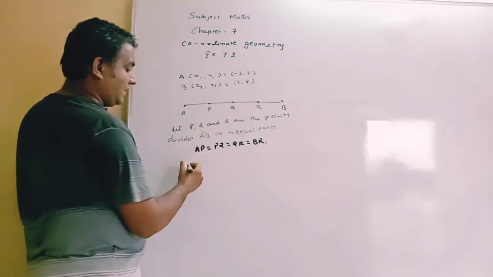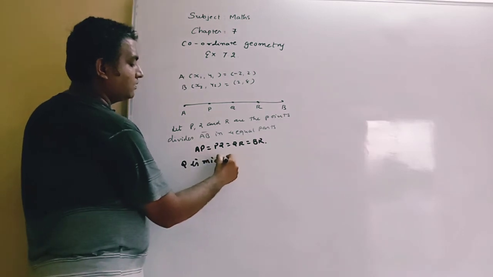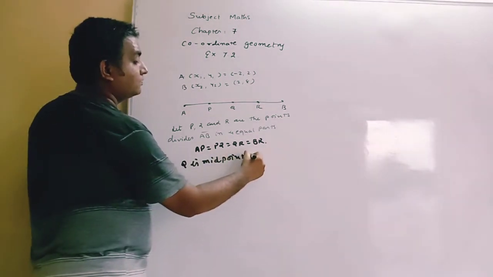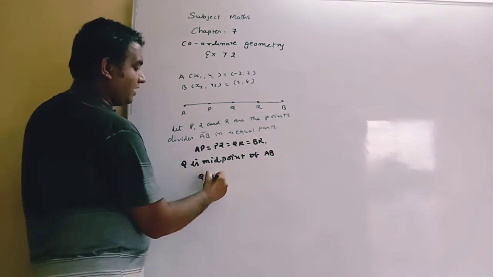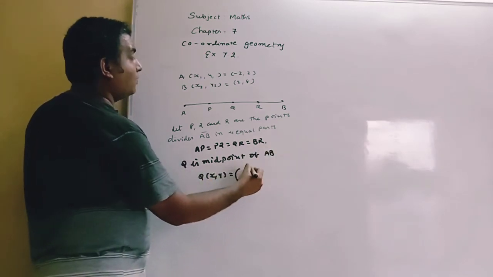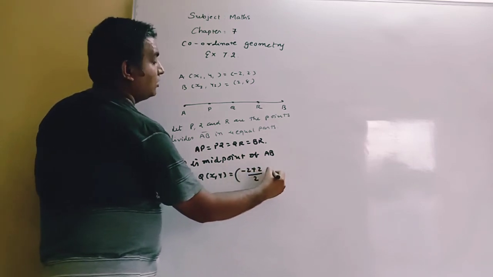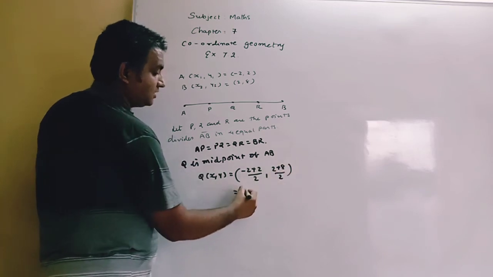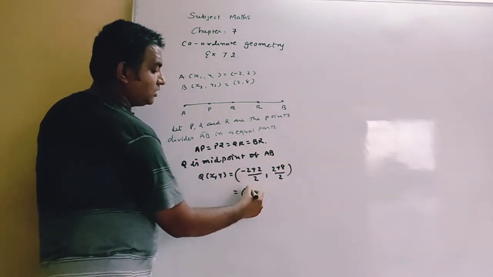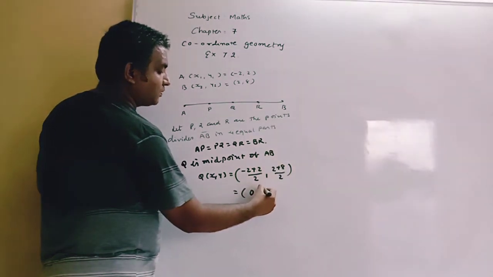So we can say that Q is the midpoint of AB, and so Q(x, y) we can calculate by the midpoint formula, that is (minus 2 plus 2)/2 and (2 plus 8)/2. So it is 0/2, which is 0, and 10/2 means 5.